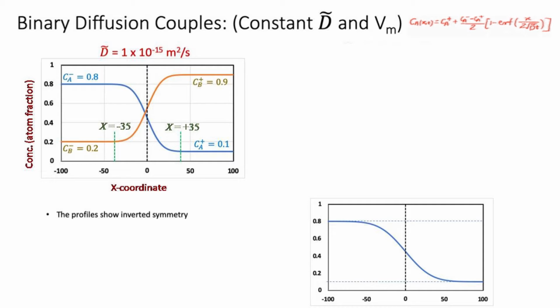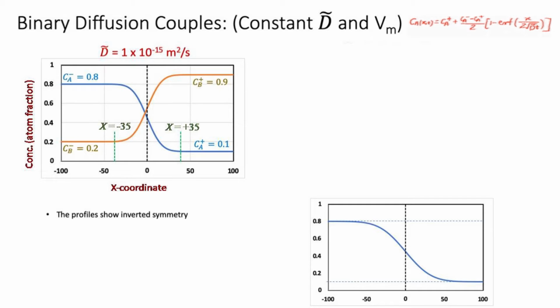Remember, first we are considering the case of constant interdiffusion coefficient, and throughout class today for the different concentration profiles I will show, we will also assume that the molar volume V m is constant. Towards the end of the class, we will see what happens if V m varies with composition. So, the first feature is that each individual profile shows inverted symmetry when the interdiffusion coefficient is constant.